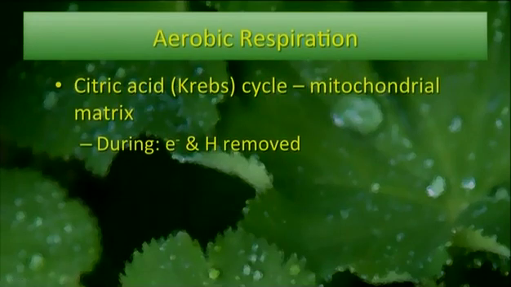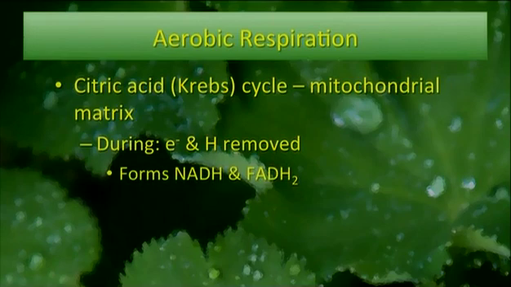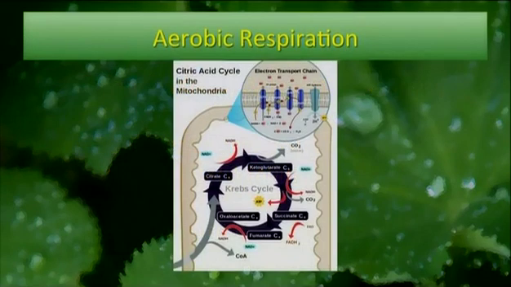So during the citric acid cycle, or the Krebs cycle, the electrons and hydrogen ions are removed. They form 2 electron carriers, NADH plus FADH2. It also forms ATP, and the carbon dioxides are removed, just like what we just saw. So here we have NADH, carbon dioxide removed.